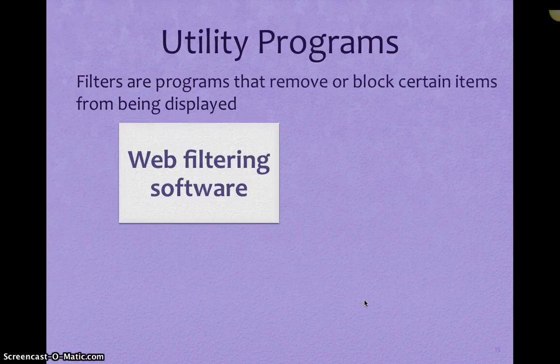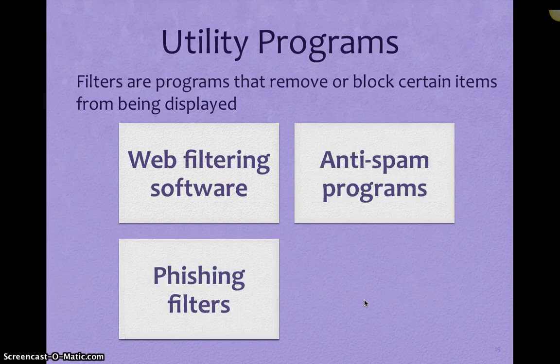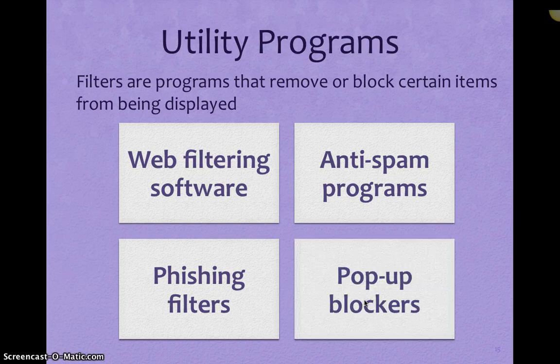Filters are programs that remove or block certain items from being displayed. So we have web filtering software, anti-spam software, phishing filters, pop-up blockers, all kinds of different types of filters. There is a large controversy in libraries about using web filtering software.